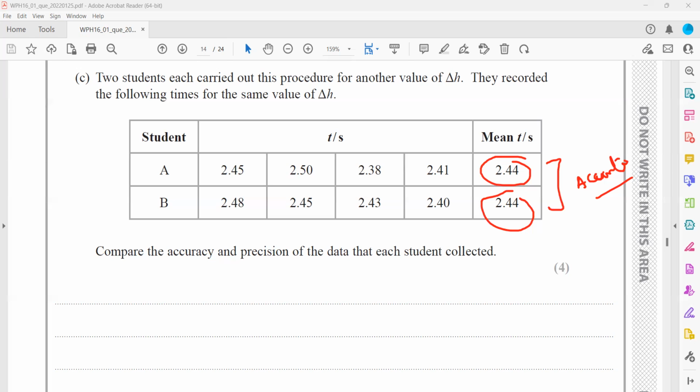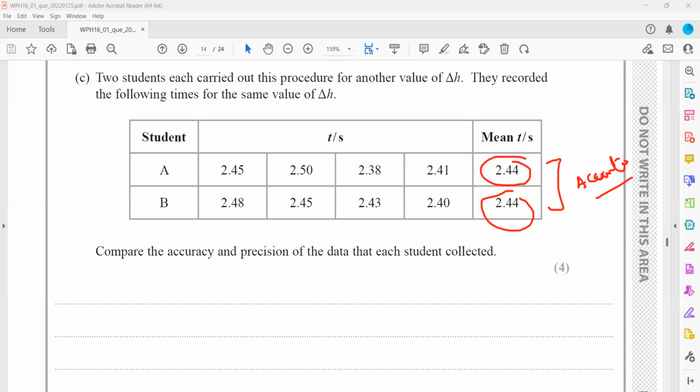If we had a standard value, then we could say whether student A or student B is accurate. There is no actual value of the time given, like 2.45 seconds or 2.46 seconds, so we cannot say the actual accuracy. But as both are getting the same result, it shows that both are accurate, though not about their accuracy with the true value.